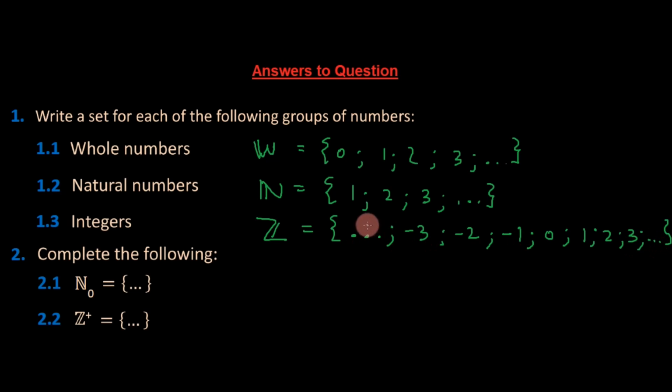So we'll have negative 4, negative 5, etc. and also 4, 5, etc.